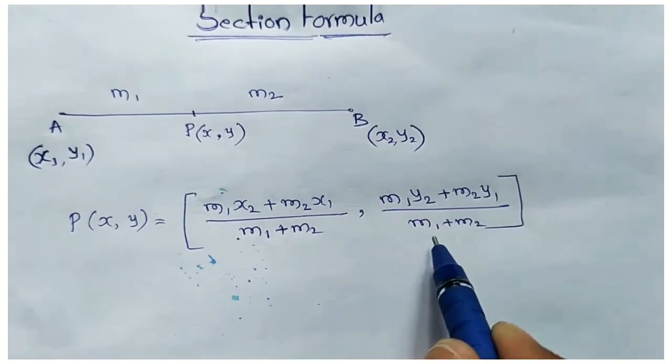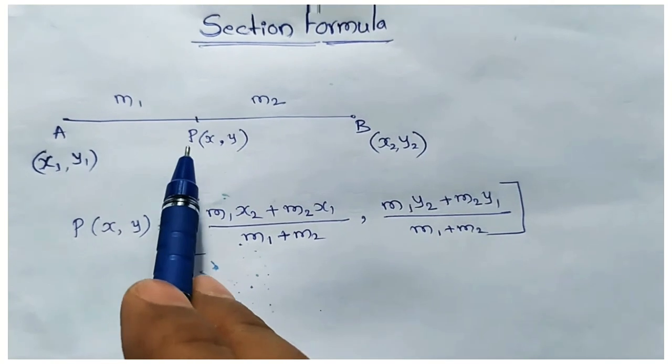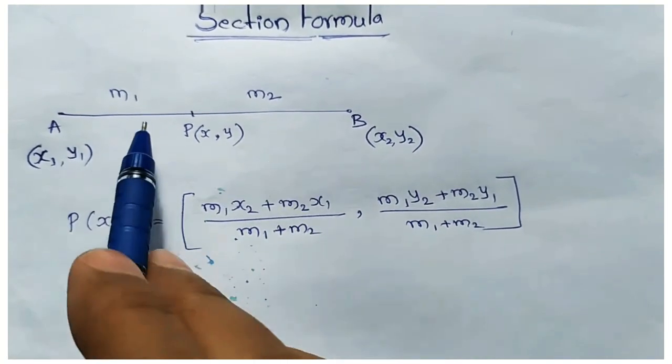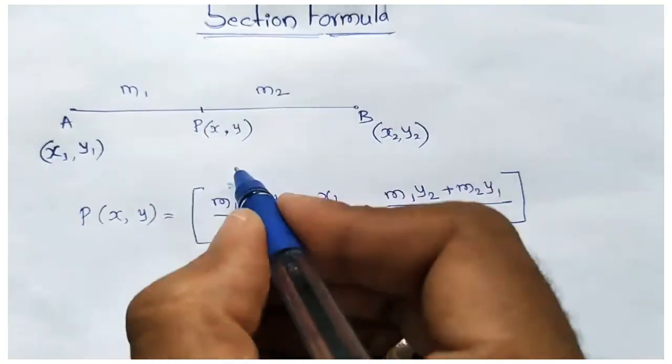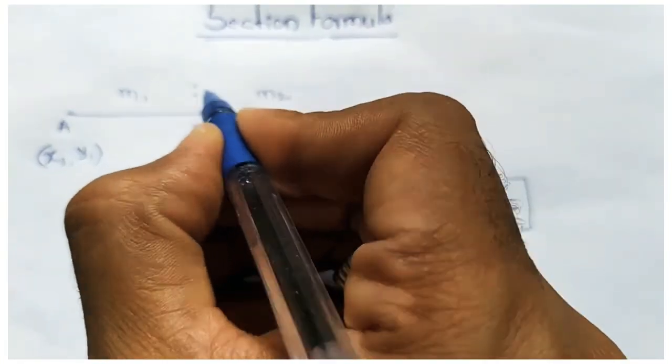This is our section formula when the point is dividing the line segment in the ratio of m1 is to m2.